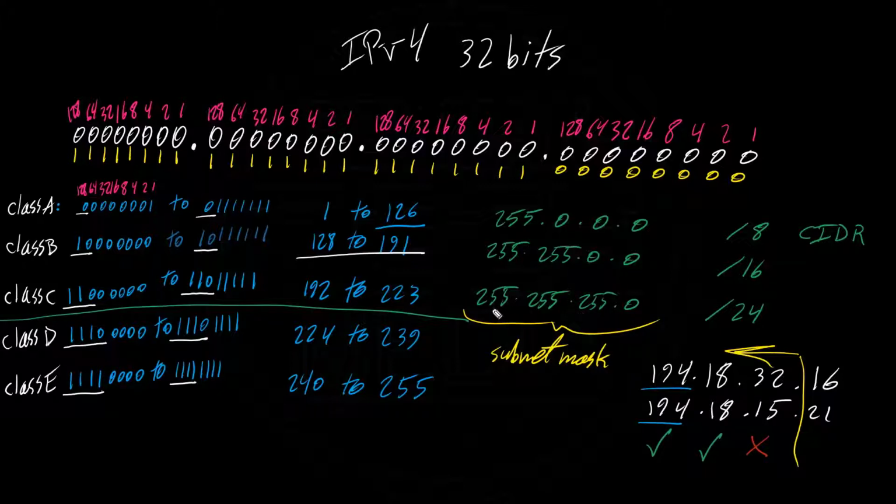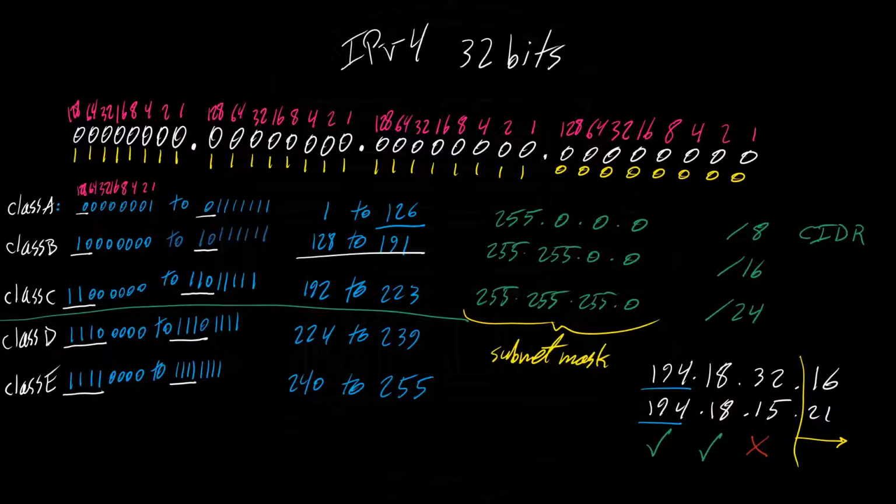It means that the first, second, and third octet must match. 194, the first matched, 18, the second octet matched, 32 and 15, the third octet not matched. So these two IP addresses are not on the same network. And these last octets here are known as the host address. So one computer, let's say .16, the other computer .21.